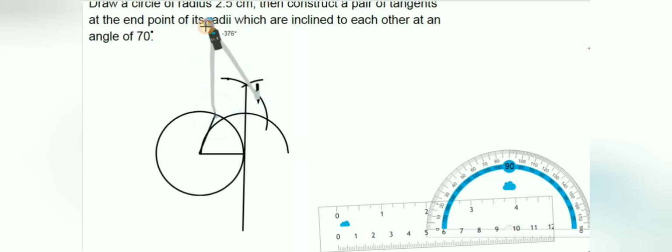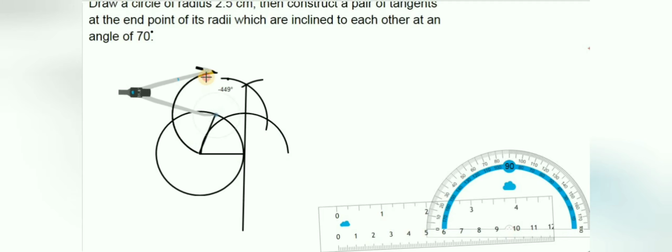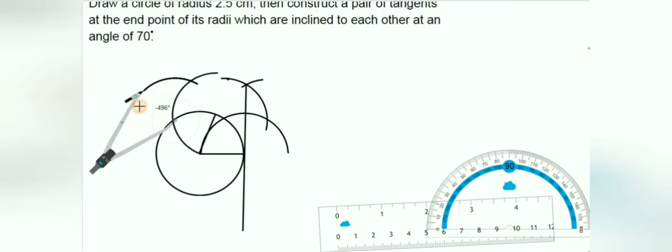Taking this as center, draw a semicircle like the previous one. From this point, draw one semicircle like this. Find the point where the semicircle and the circle meet, here. Taking this as center, draw an arc that cuts the first semicircle.